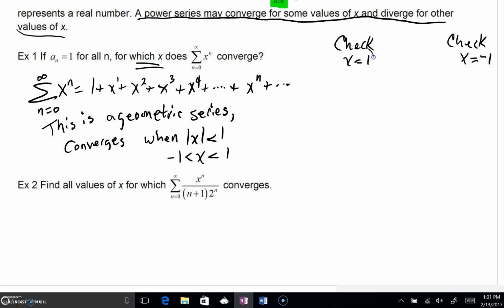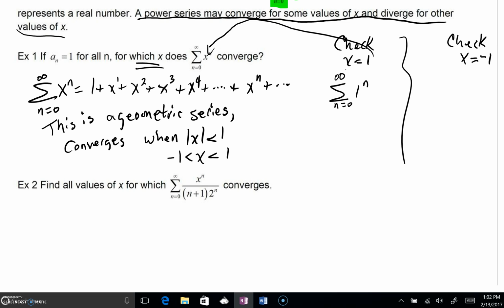Now, when x is equal to 1, this means that sigma is really looking at 1 to the n. That's your formula. Now, that means you might have something that looks quite silly at first. Oh my gosh, 1 to the n. The limit as n goes to infinity of 1 to the n, where the base is not close to 1, but literally equal to 1.